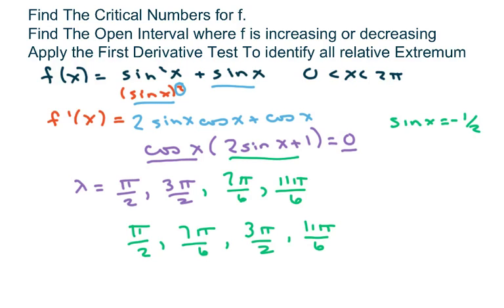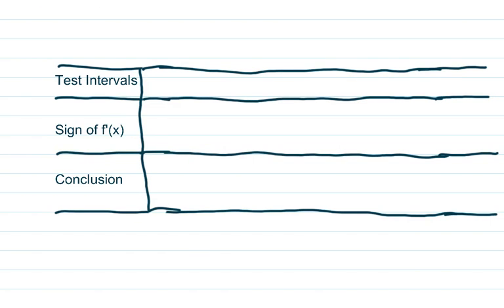Okay, so I'm going to write these as my intervals, and again I'm starting at 0, because you recall our restricted domain is from 0 to 2 pi.